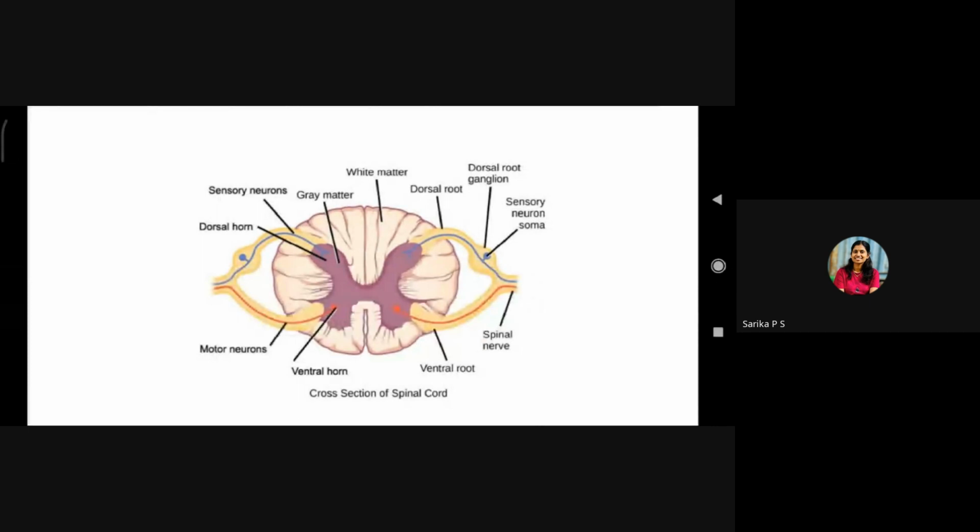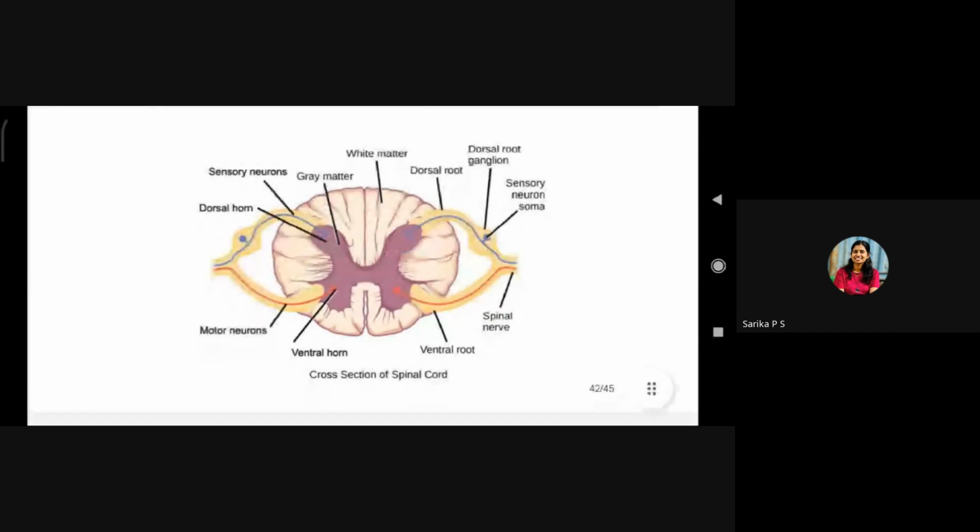Sensory roots come from the back side and motor roots come from the front side. And white matter is the outer portion covering the gray matter.